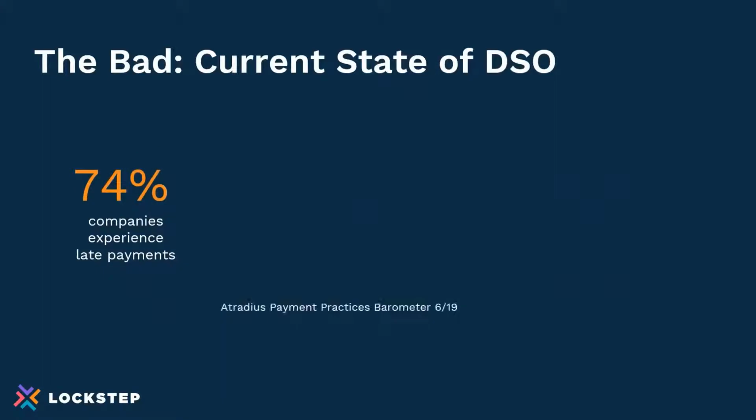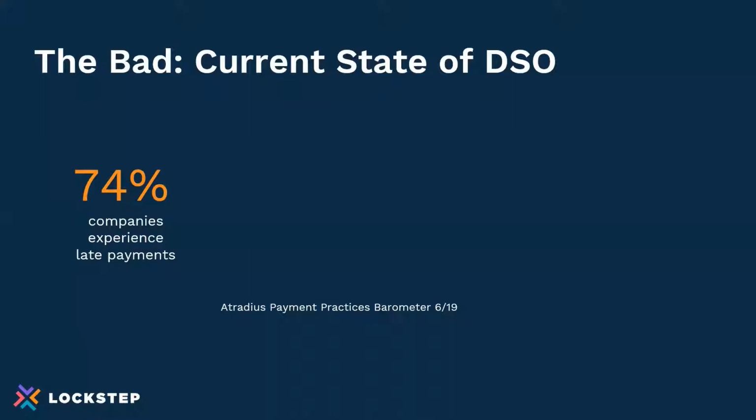So here's the bad. @Radius monitors through annual surveys the payment trends that are going on in different geographies. These are some of the trends they identified in June of 2019 for the US. While all companies at some point experience a late payment, 74% of companies experience a continuous cycle of late payments.